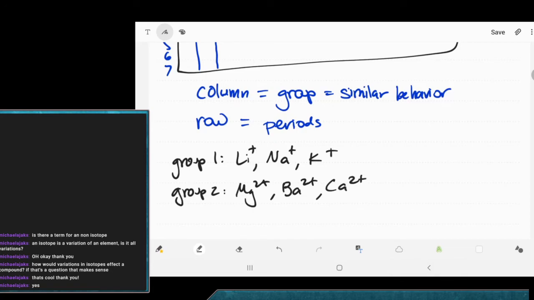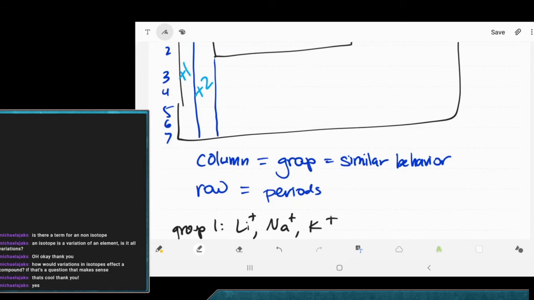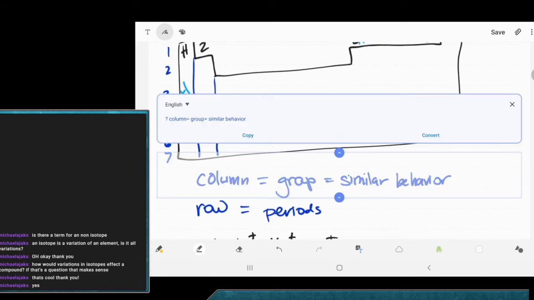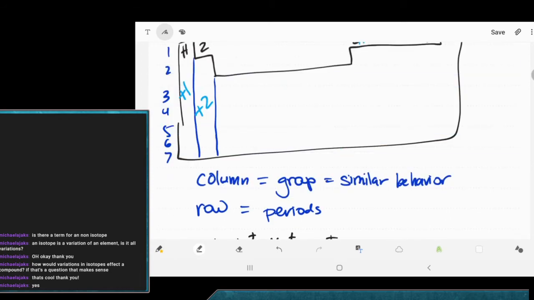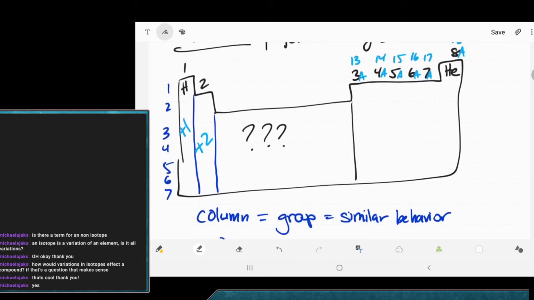We're going to see that these elements don't really form other charges. I say that because this block in the middle, for now, they make all sorts of charges. All sorts. We're going to skip it for now.